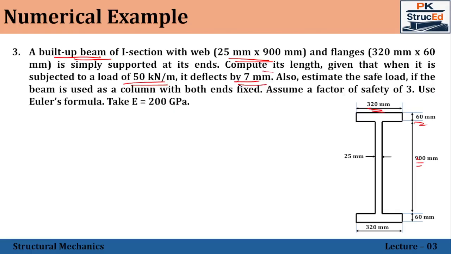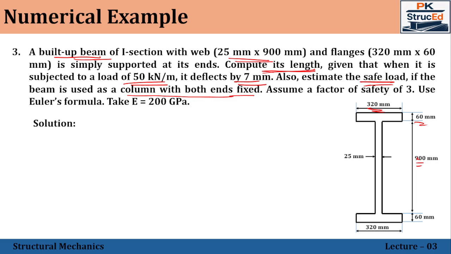And the second thing is to estimate the safe load if the same member is used as a column with both the ends fixed. Right. The same beam is being converted into a column with both the ends fixed. This is a very important problem because it connects the beam theory with the column theory.